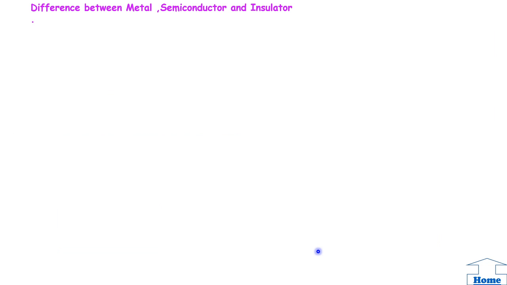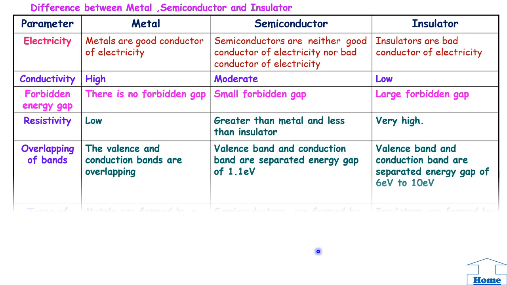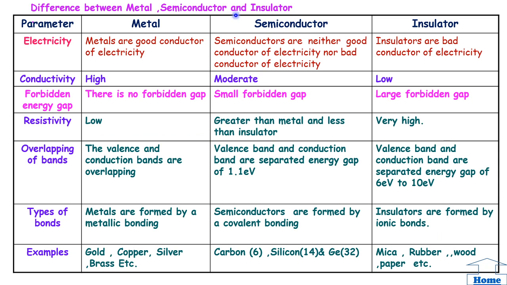Next is the difference between metal, semiconductor and insulator. According to the parameter of electricity, metals are good conductors of electricity, whereas semiconductors are neither good nor bad conductors of electricity. Insulators are bad conductors of electricity. Next parameter, conductivity.